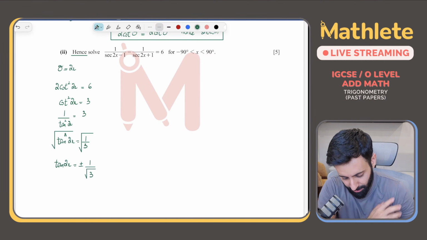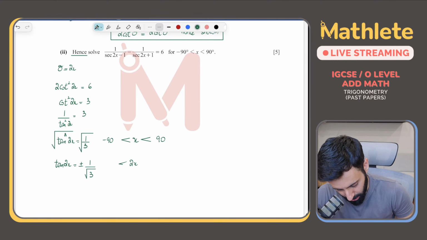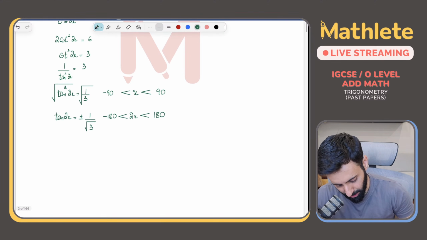Now, tan is positive and negative. Notice that the range that we're given is for x, so that means we need to alter the range. The angle in the question is 2x, so now we have some range altering to do. So we're going to multiply everything by 2. So x times 2 is 2x, minus 90 times 2 is negative 180, and 90 times 2 is equal to positive 180.